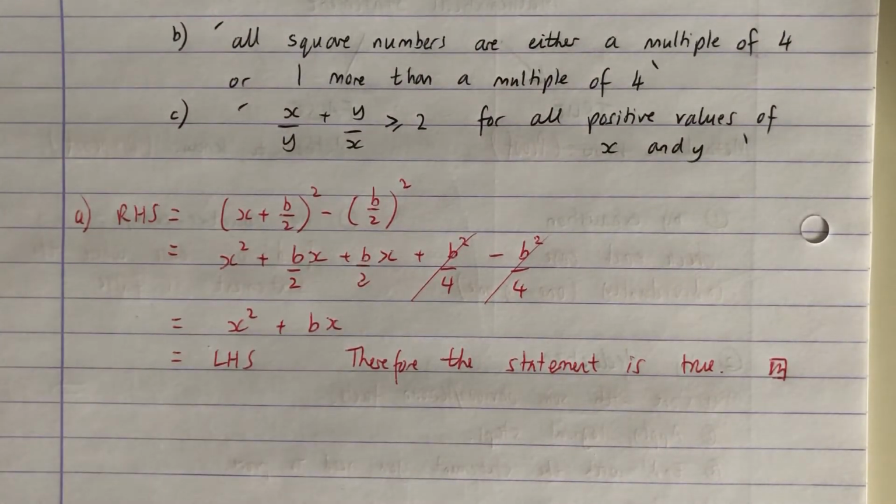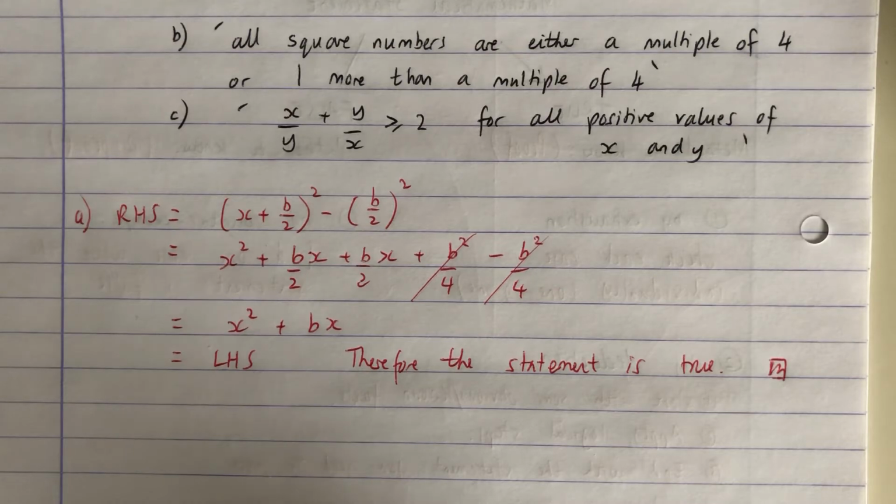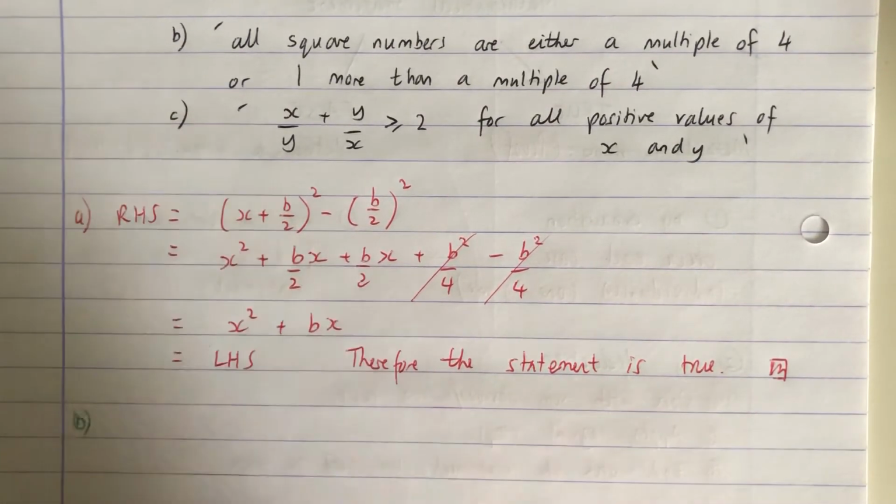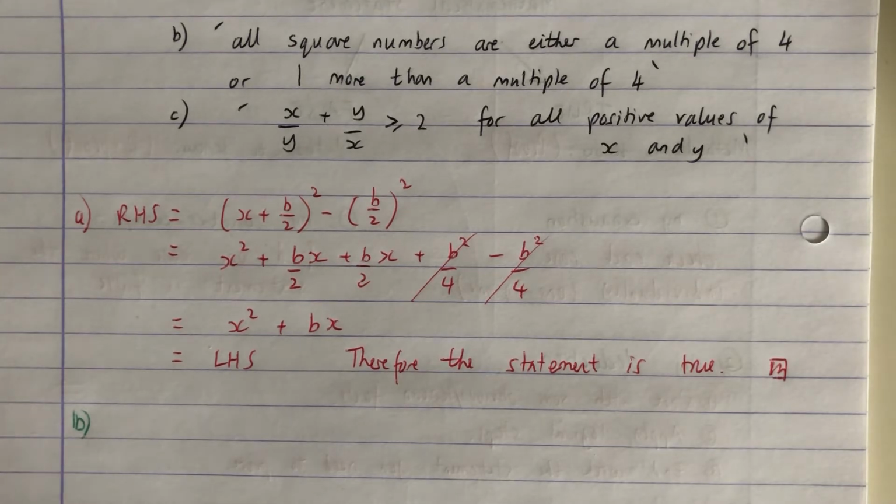Okay, part B. Prove that all square numbers are either a multiple of 4 or one more than a multiple of 4. So this is one of those worded statements now. Sometimes it's not entirely sure what you're actually being asked to prove.